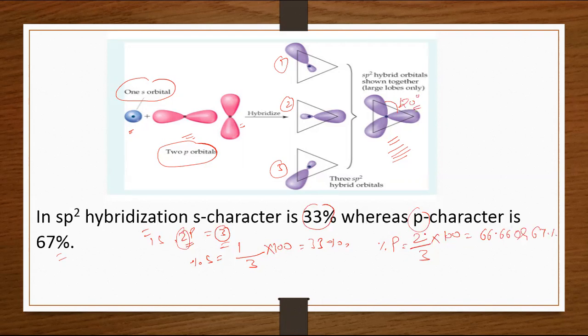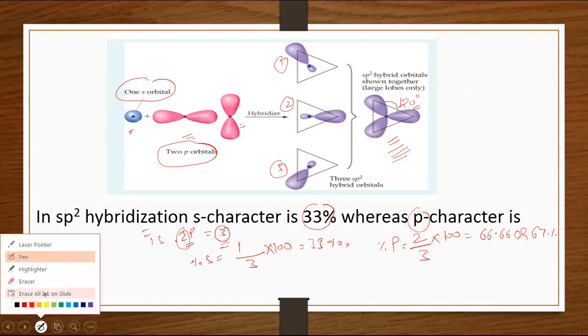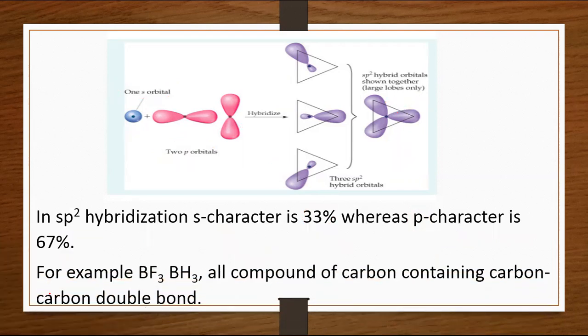We consider it. Now, for example, BF3, BH3, and all kinds of compounds containing a carbon-carbon double bond are sp2 hybridized.